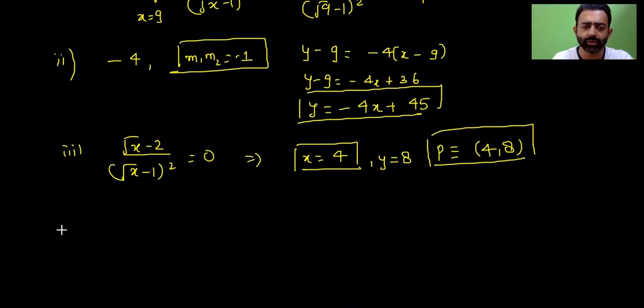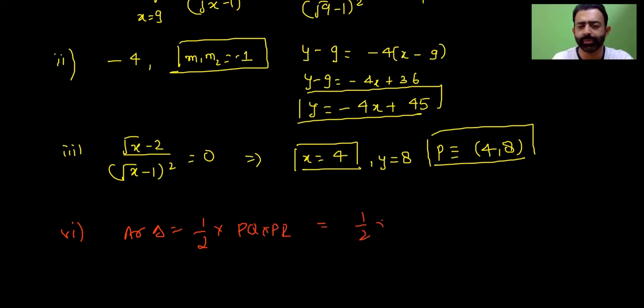Yes. So sixth part I am doing. Area of triangle is half PQ into PR. So this is half, PQ was your base, 21 by 4, and height was 21. So this is 441 by 8 square units.